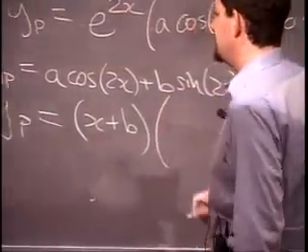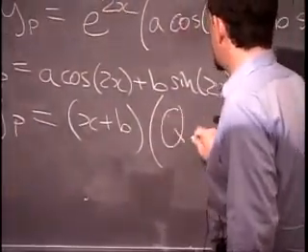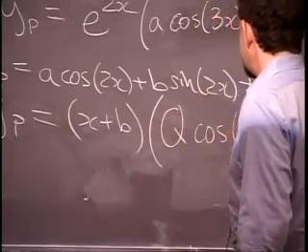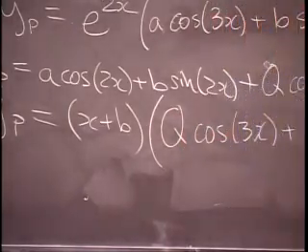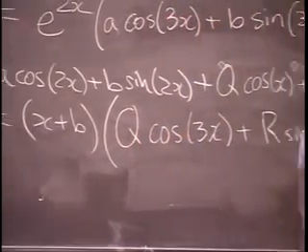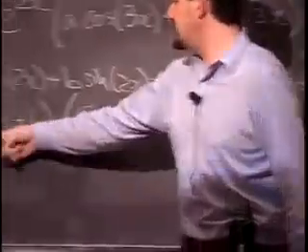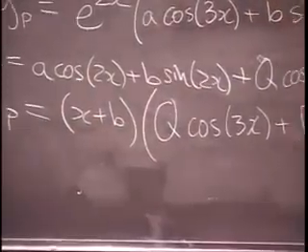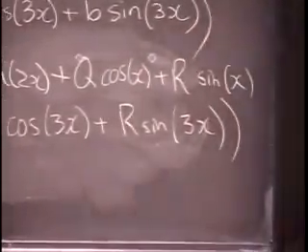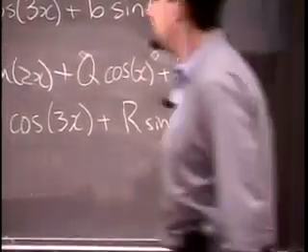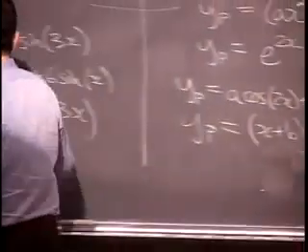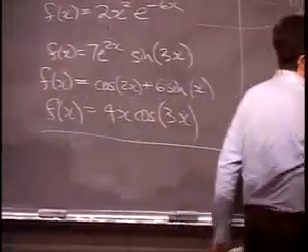And then for cosine 3x, let's say q cosine 3x plus r sine 3x. I had to omit one of the constants, and I chose to do it the a outside of the x there. Otherwise, you just have a spare constant that you can't possibly find that would come out the front. So there's the complete table.